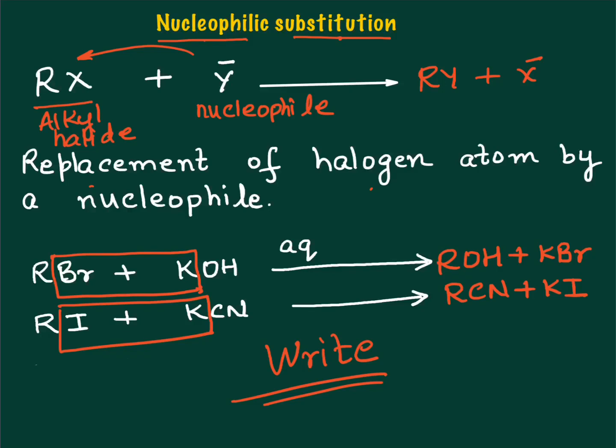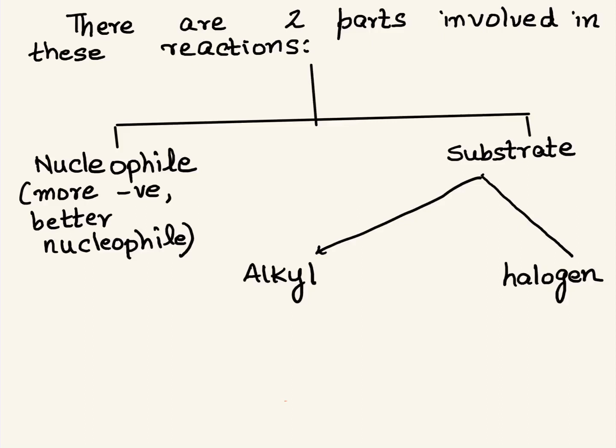What you notice over here is there are 2 parts to this reaction. Of course, one is the alkyl halide, the other is the nucleophile. Now alkyl, let's break it up further, and we have a halogen atom over here which has to be replaced by a nucleophile, right? So we've got a nucleophile.